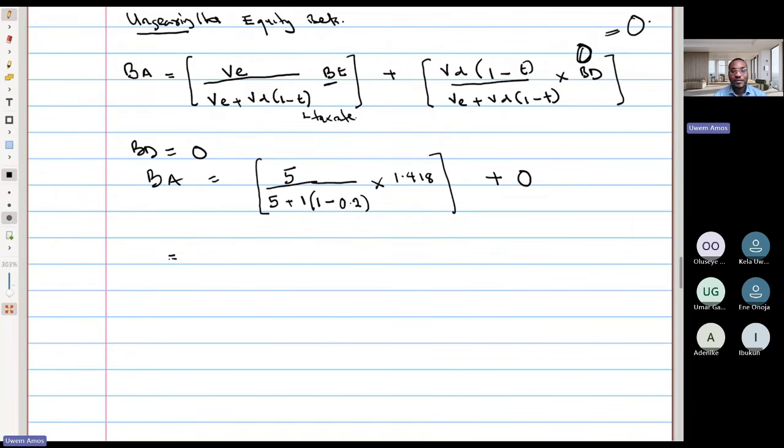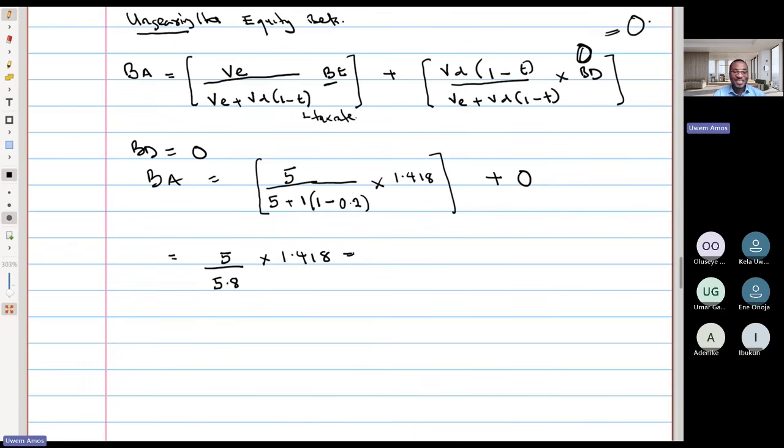Okay, so what do we have? This would be 5 divided by 5 plus 1 multiplied by 0.8. 1 minus 0.2 gives us 0.8, and 0.8 multiplied by 1 gives us 0.8. That is 5.8, multiplied by 1.418. So what is our asset beta, or beta asset, depending on how you choose to call it?